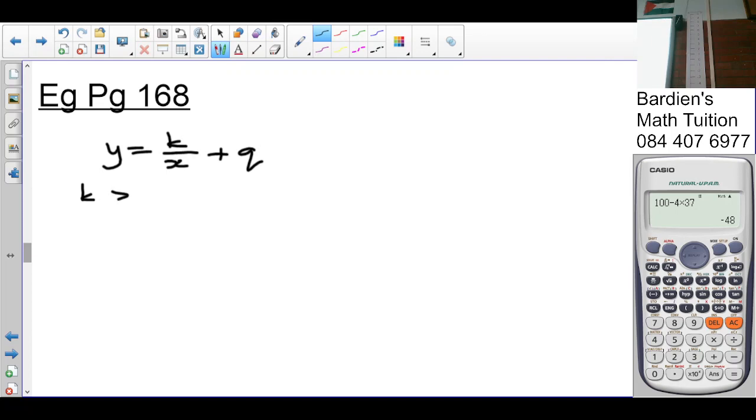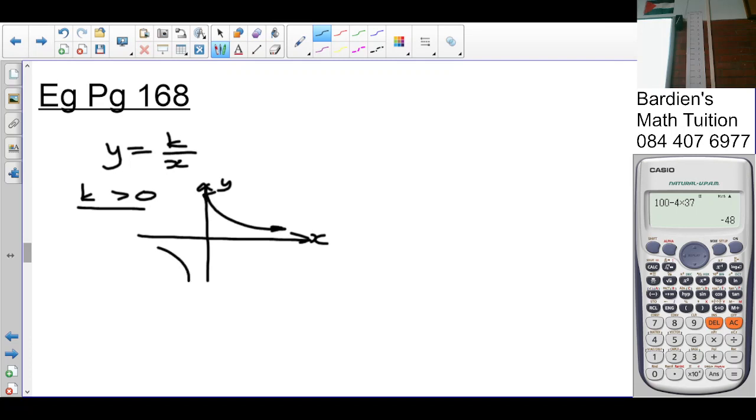If k is greater than 0, then what happens is, we leave q out for now, otherwise we have to write q in as well, unless q is equal to 0, then this will be the case anyway. If that is the case, then the graph will lie in the first quadrant and in the third quadrant. That's the graph we drew yesterday, not so? Right. So if I must make k negative, let me show you what happens then.